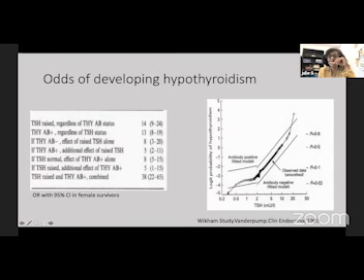So as you can see here, what stands out in this graph is that at a TSH of 2 and above, there is a distinct shift in probability of developing hypothyroidism, irrespective of antibody titers.